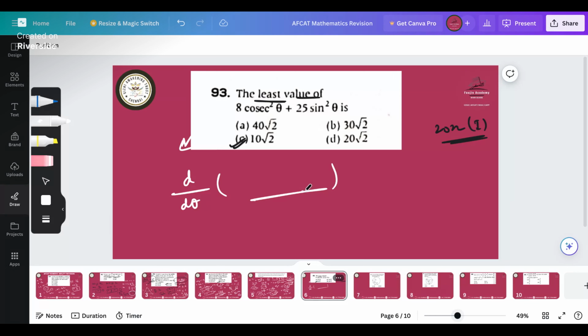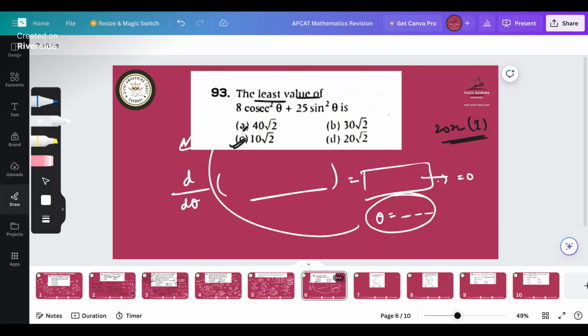You equate that to 0, and from that some value comes, like sine theta, cos theta, or something like that, and you put that value over here to get this answer. So this is what is happening. I do not want you to get confused. So just remember, maximum, minimum, whatever they ask you, cosecant square, sine square, and things like that, just remember this.